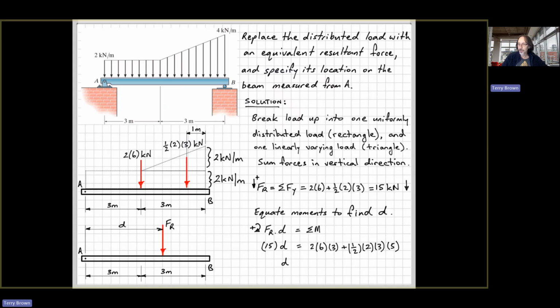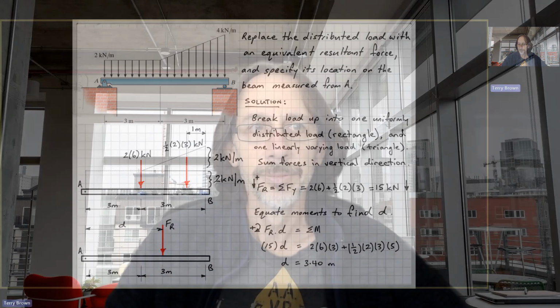And now we can just solve for d, simple maths, and we get the location of our single resultant force is 3.4 meters to the right of point A.